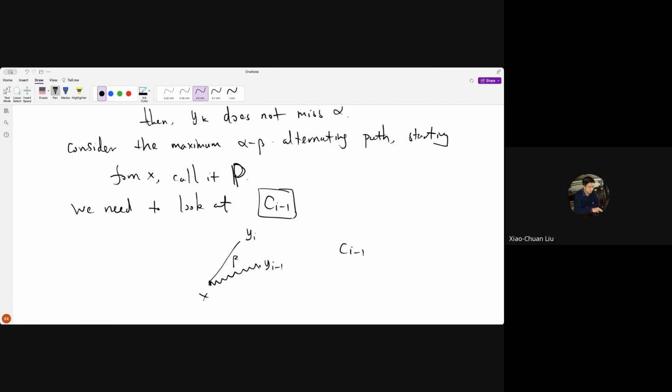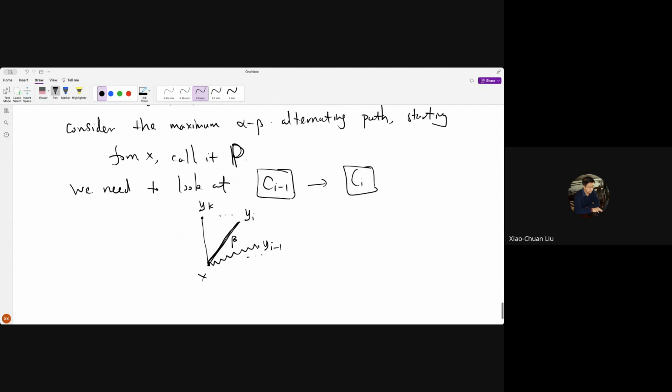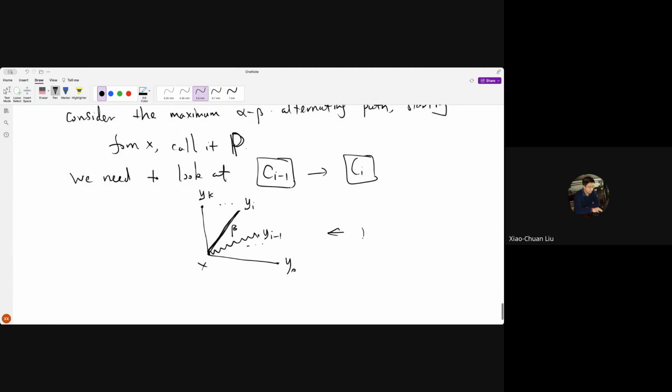And the beta is moved here. You see? So remember, the definition of C_{i-1} to C_i, we move this edge to this edge. And maybe this is our y_k here. And so on. Here you have y_0. So this is the picture for the coloring C_{i-1}.